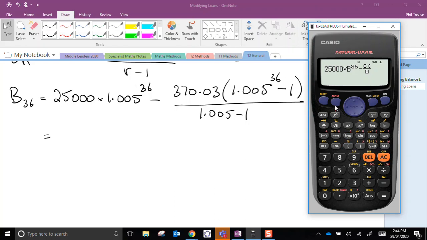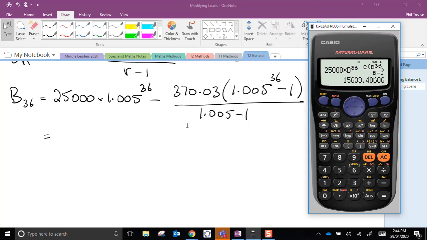That's the number stored in memory B to the power of 36 minus 1. Close the bracket, down to the denominator, and again that's the number stored in B. No powers on it this time, minus 1.